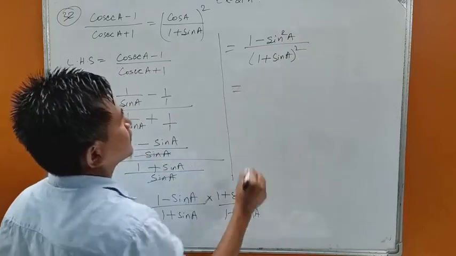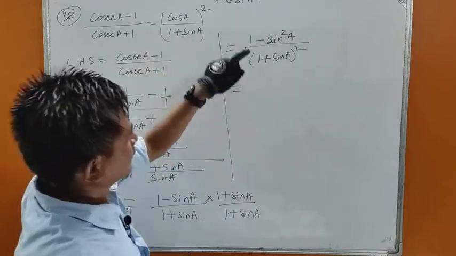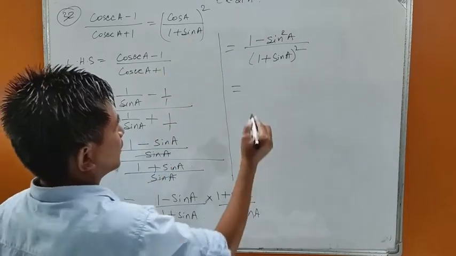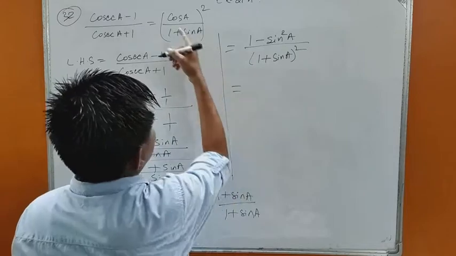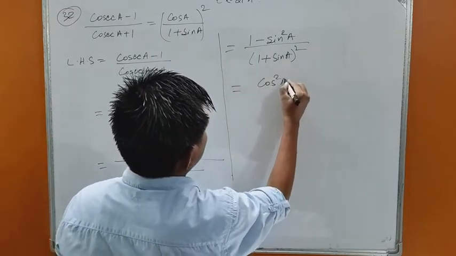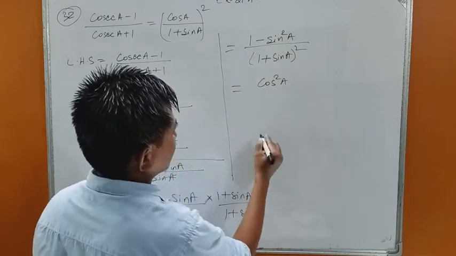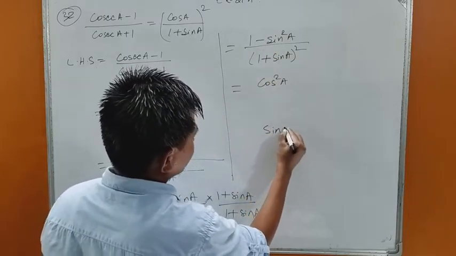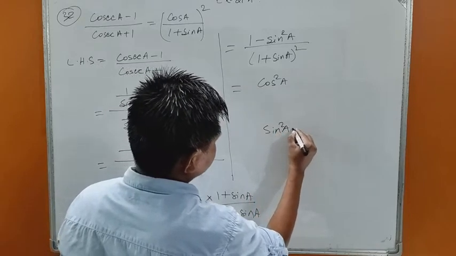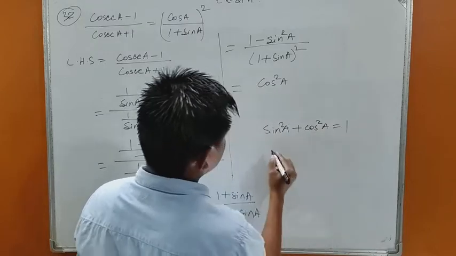Are you getting me? Yes. So this is 1 minus sin square A and 1 plus sin A. Okay. 1 minus sin square A means cos square A. This is cos square A. Are you getting me? 1 minus sin square A is cos square A, since sin square A plus cos square A equals 1.